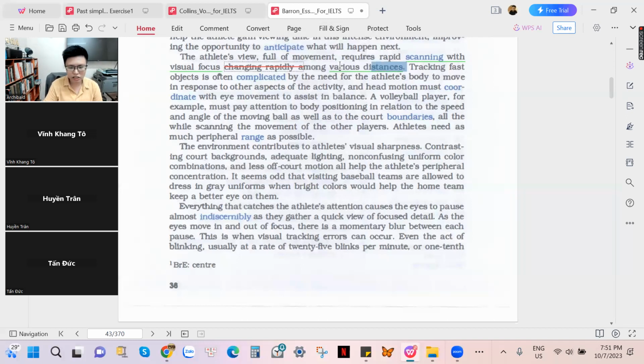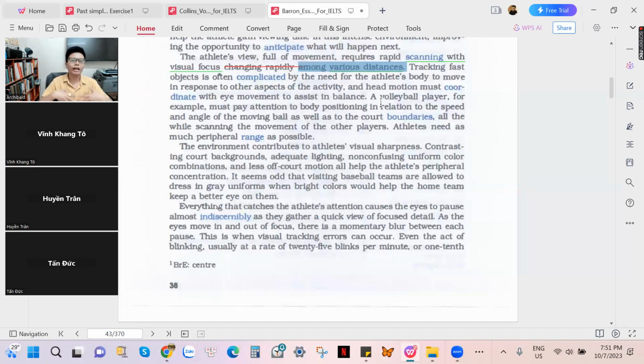Among various distances. It's like various. When you use the word various, it means different. Just like there are different distances, but they don't use different because when they use the word different, you will easily get the meaning of it.